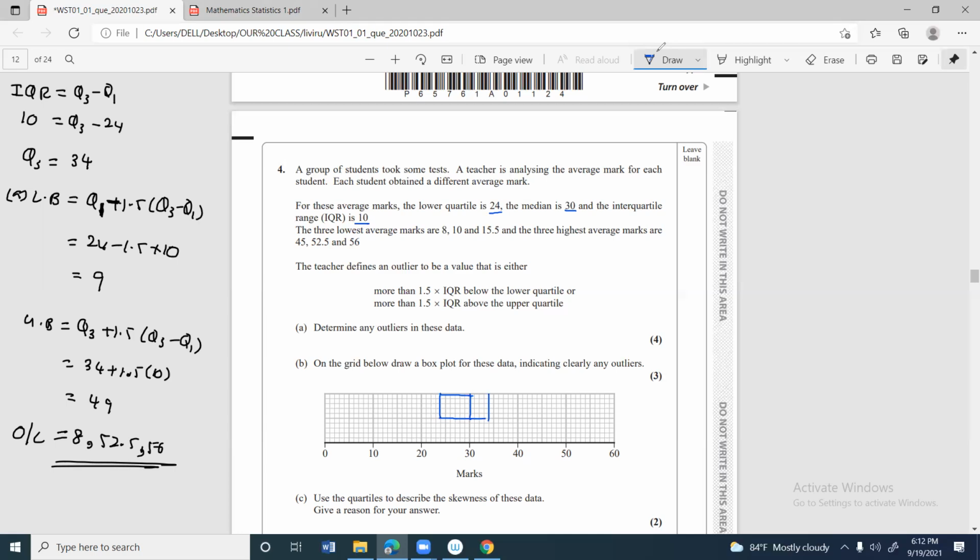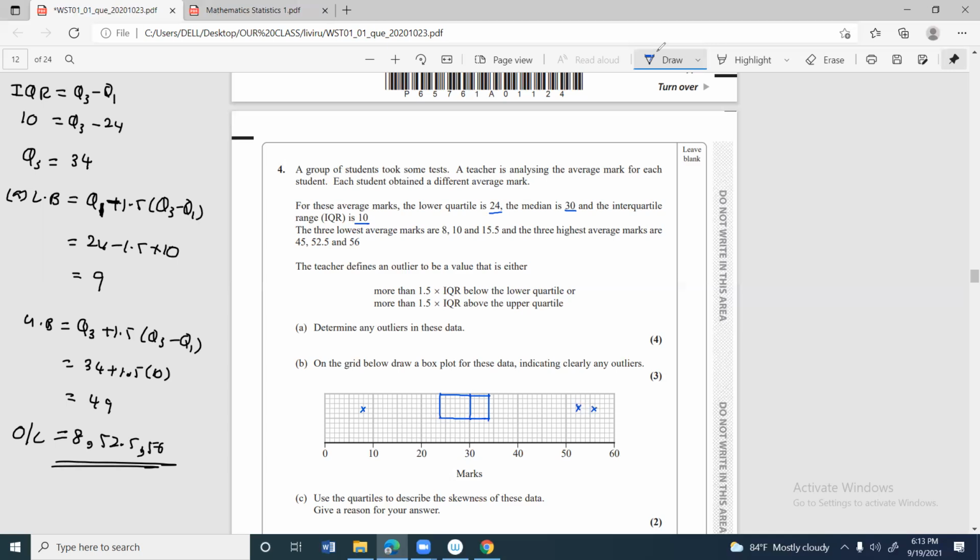Then 8 is an outlier, so I mark it as a cross at 8. For the upper region, 52.5 is an outlier here, and 56 is an outlier.